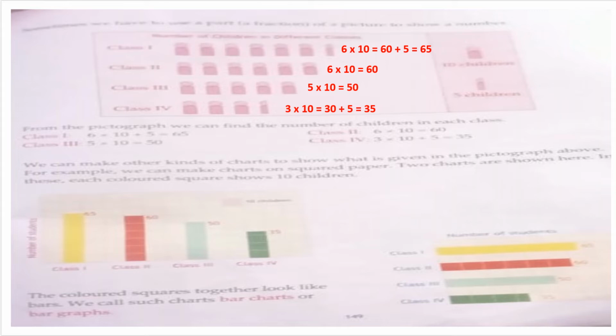So you can write that it is equal to 10 children or 100 children, and mention whatever is appropriate. And then children, you have to count the number of boxes according to the pictograph. You have to make it, following only whatever is there in the pictograph. So that will be an easy method.